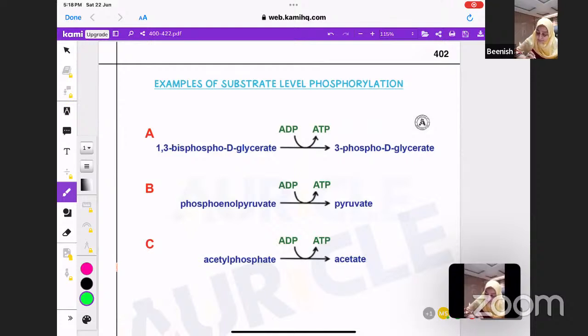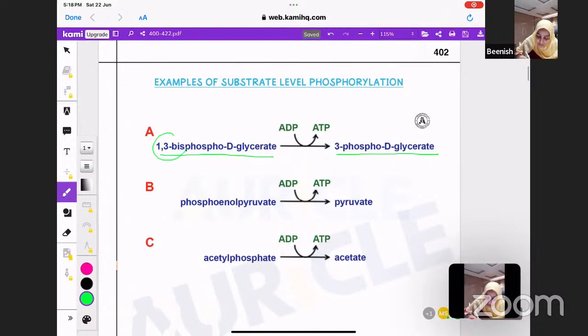So you can see here, this is 1,3-bisphosphoglycerate. This is a step in glycolysis. You can see it is changing into 3-phosphoglycerate. As you can see, in the substrate, it is 1,3-bisphospho, so there are two phosphates. In the product, you can see there is only one phosphate, at position 3.